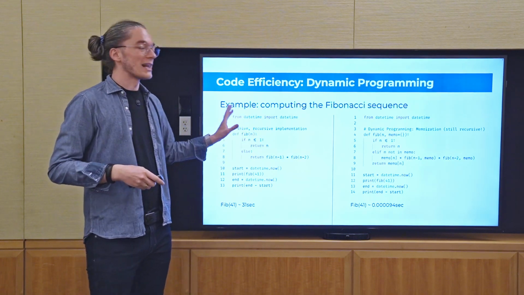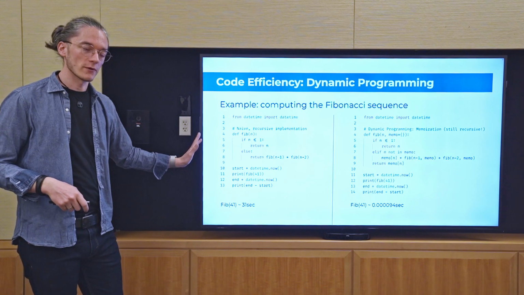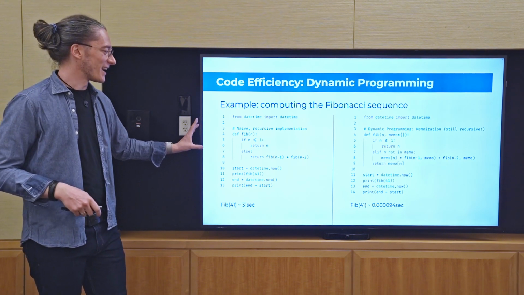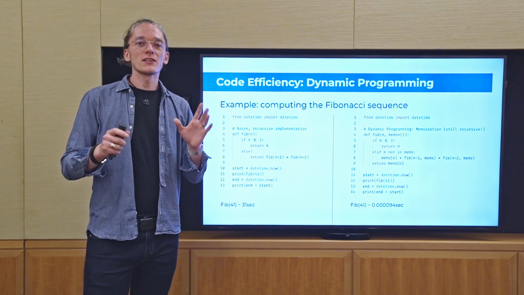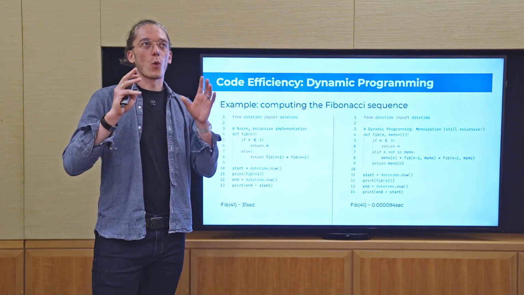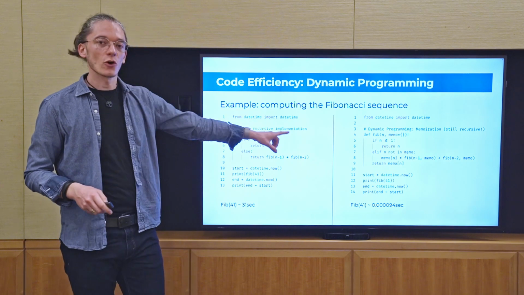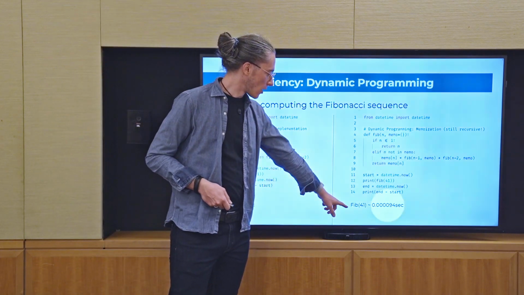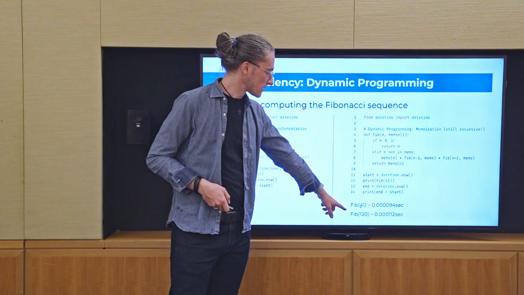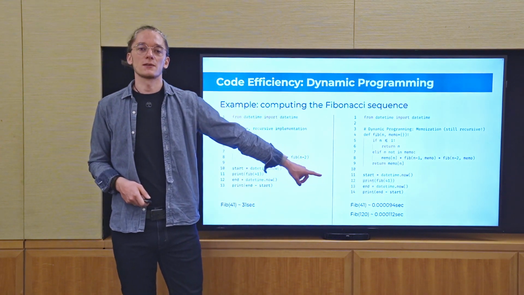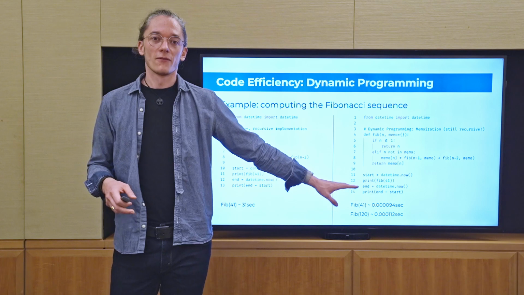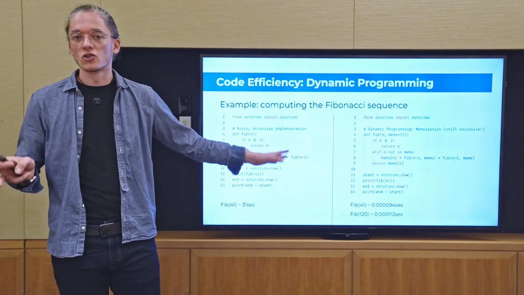On the left-hand side, however, in our first version, we have exponential growth. And just to fathom what that means, let's compute not only the Fibonacci sequence of 41, but the Fibonacci sequence of 120. Here in our example, this only takes a few nanoseconds more, almost the same. Very quickly, very efficiently, job done.